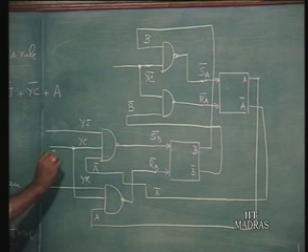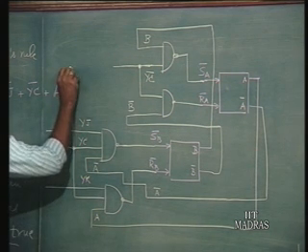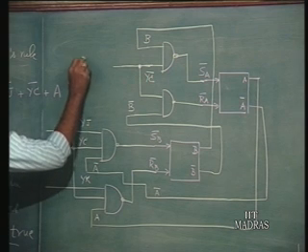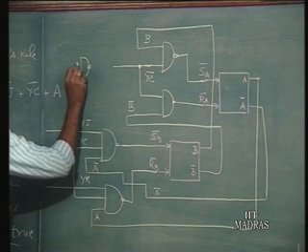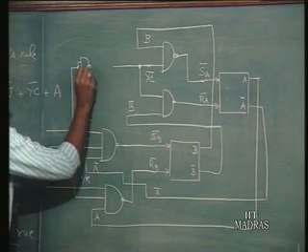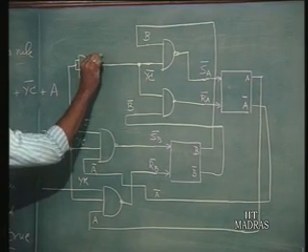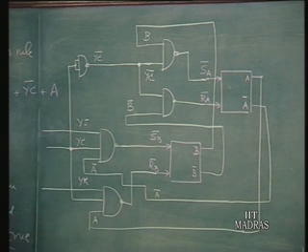Now, from YC you invert and you get YC bar, the YC bar that we need. Suppose you happen to have a 2 input NAND gate, fine, you just short that and there you have from YC you get YC bar, fine.